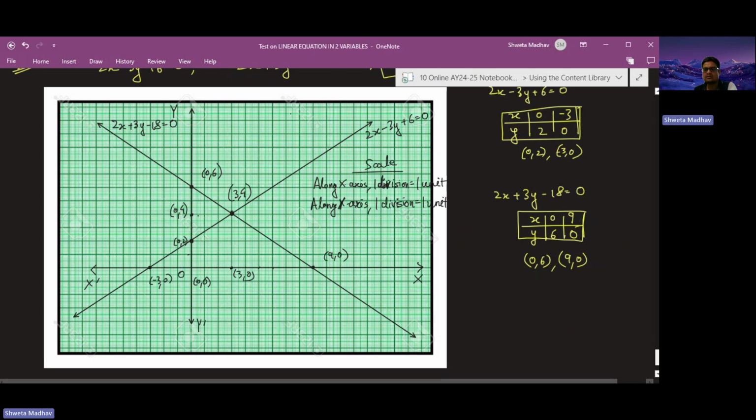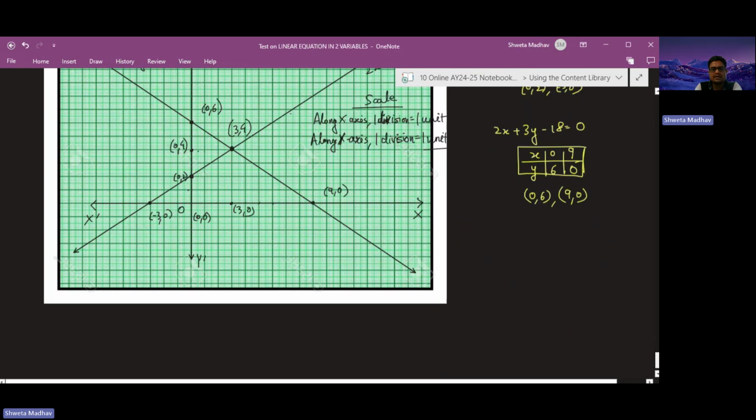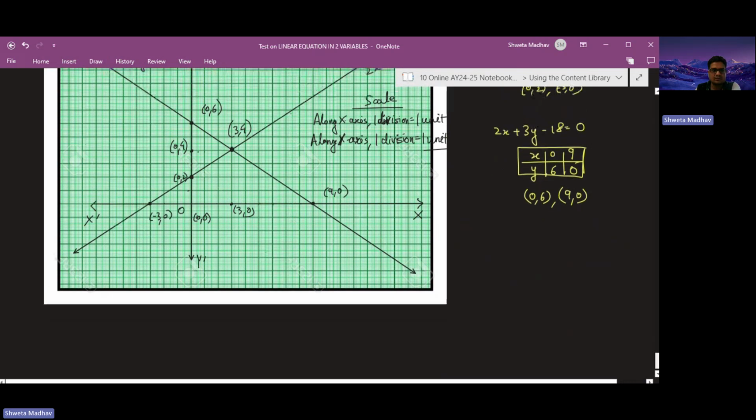So this is the scale which we have to use here, and we have to write it also. And here it is asked to find the ratio of the areas.